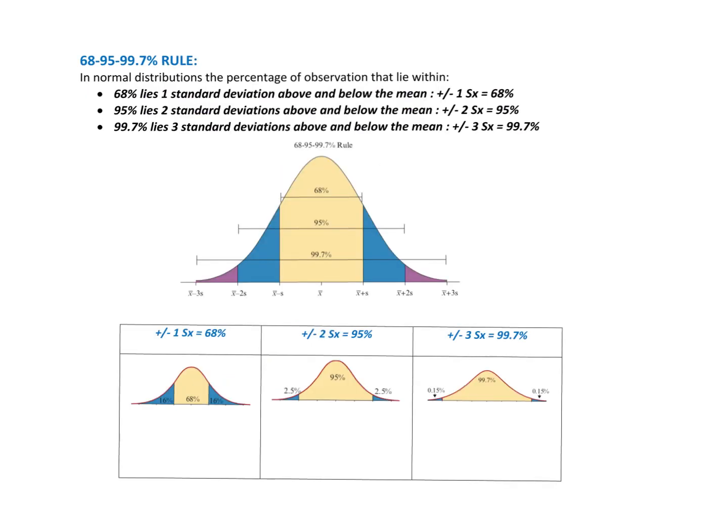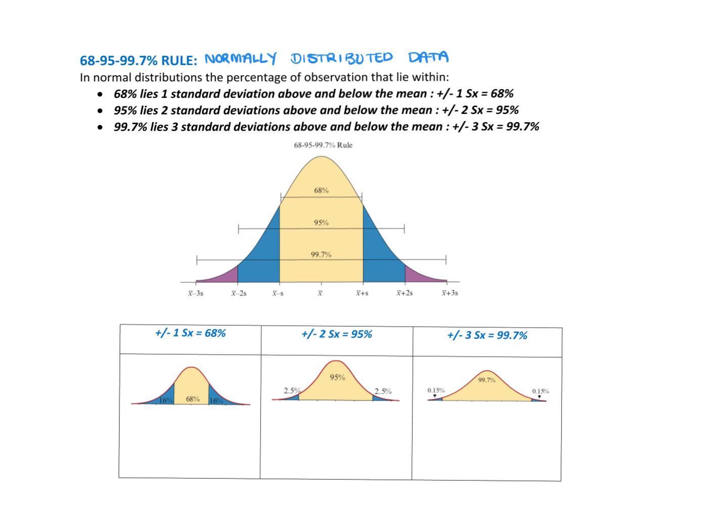Okay, continuing on with this normally distributed data. Remembering this rule will only be used when they say that it's normally distributed data, which means it's the bell shape. And when we have this bell shape, we can use the standard deviation to say how much the data falls around the mean.